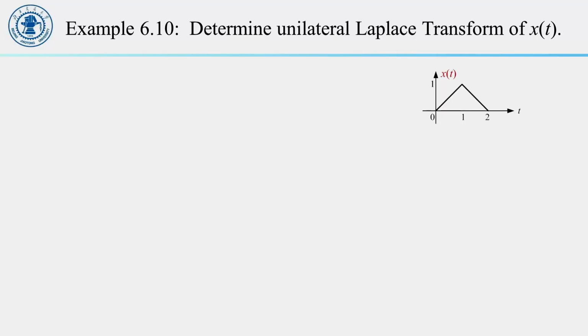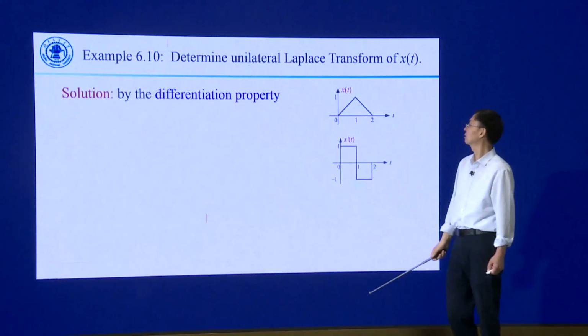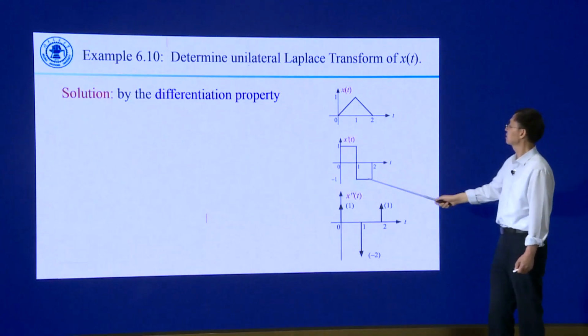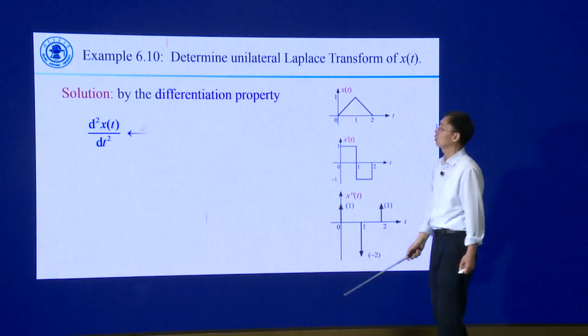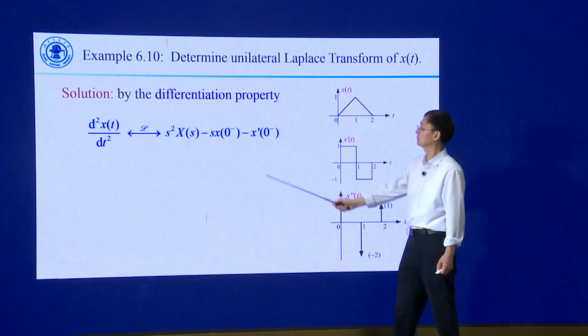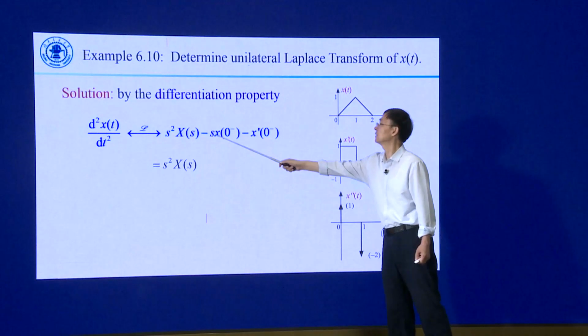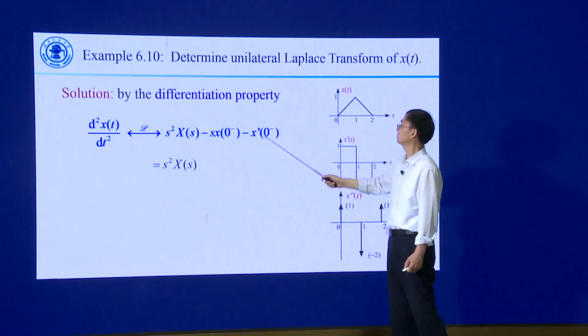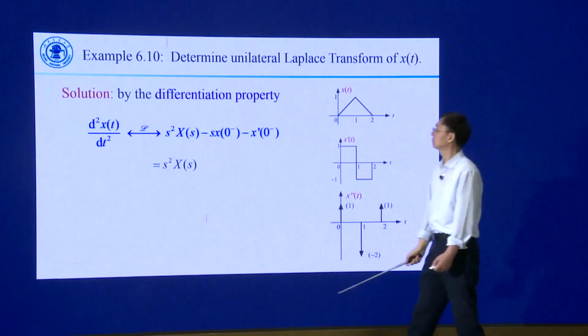For example, determine the unilateral Laplace transform of signal x(t) by the differentiation property. We can get this signal and this signal. According to the differentiation property, we have this equation. Because this is 0 and this is 0, so we can get this result.